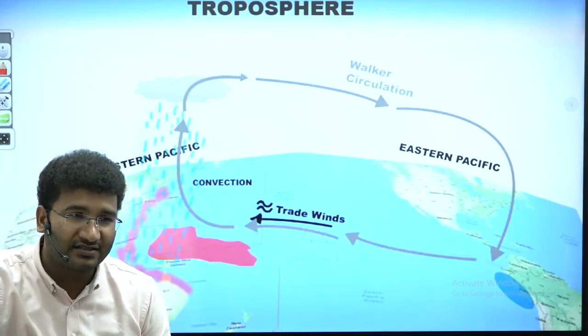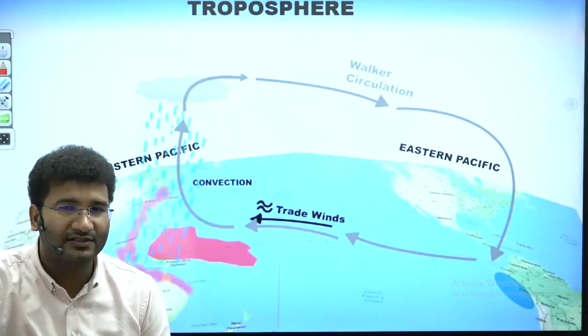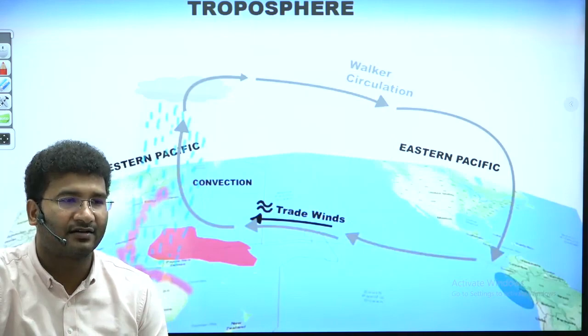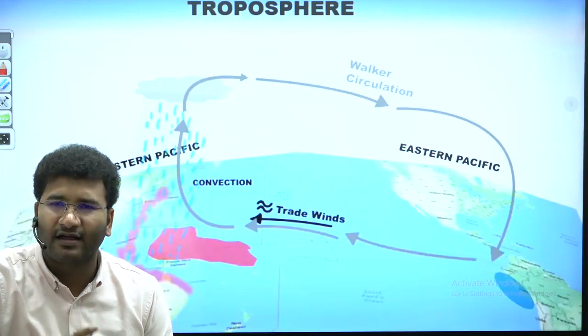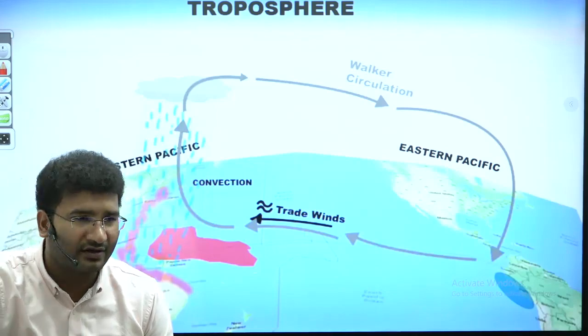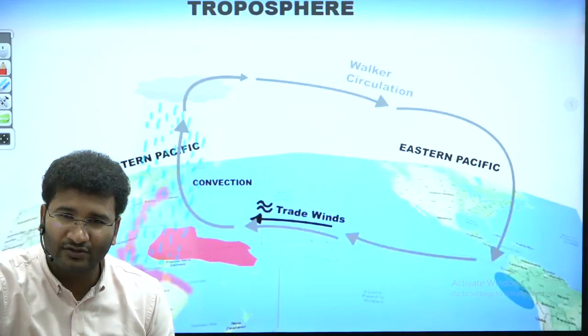Meaning the year before last, the rainfall was good and excess rainfall was there. It is because of these La Nina conditions. So whenever you have La Nina, excess rainfall and excess water will be available. Whenever you have El Nino, it will impact the Indian monsoon system.